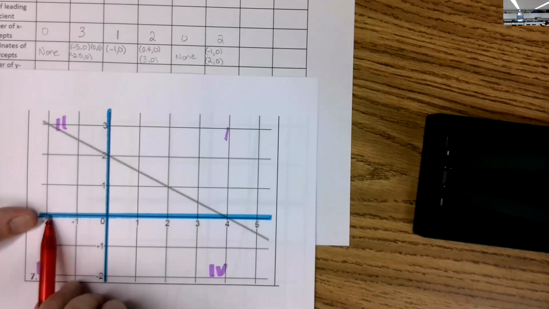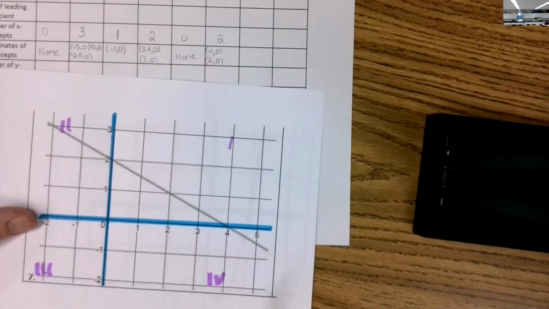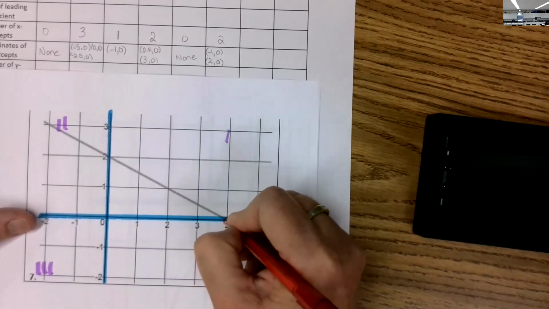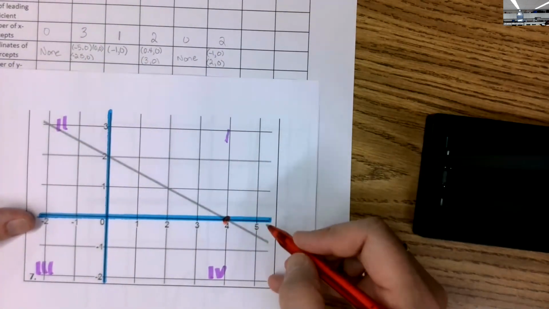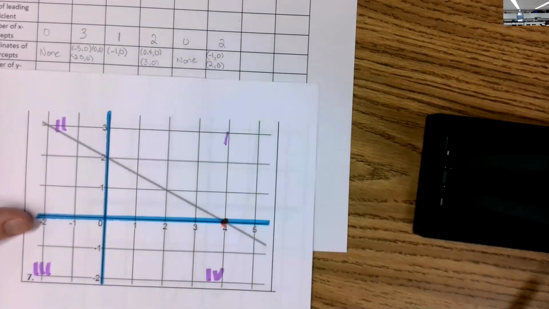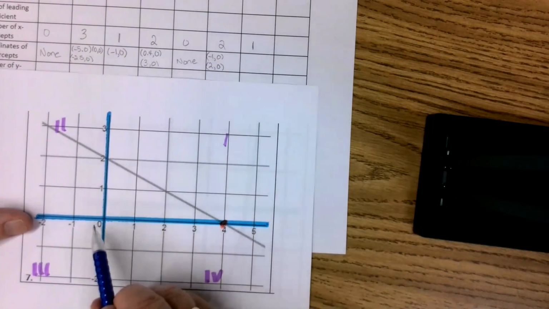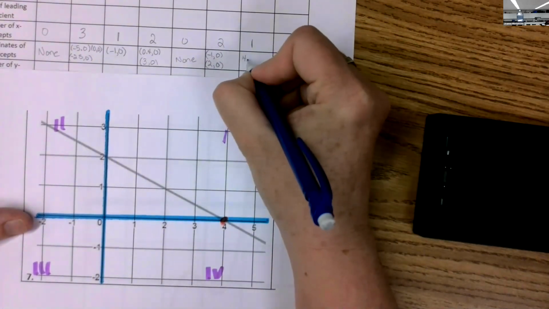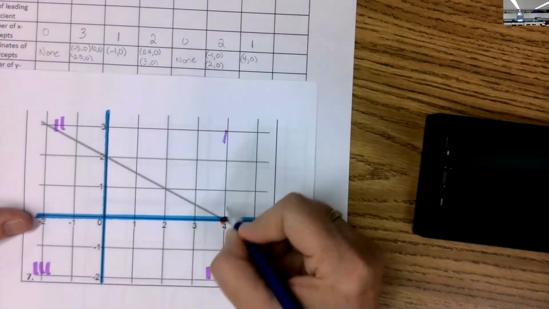How many times does it cross just this blue line? 6 times? It crosses once, right there. So that's where they intersect. That's going to give me 1 there. And my coordinates are, it's 4 over. That's where it crosses, and then we put the 0 to show it's an actual point.